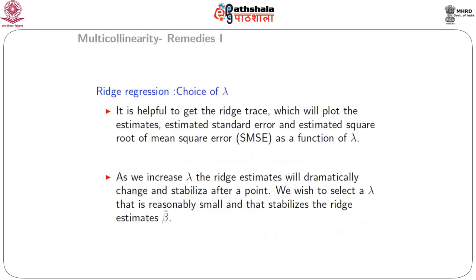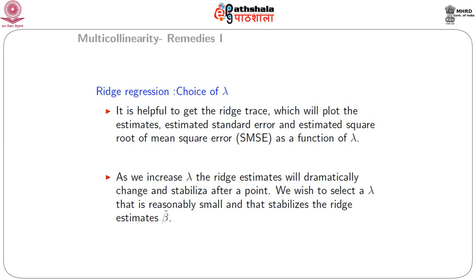However, it is helpful to get the ridge trace, which is the plot of the estimates, the estimated standard error and the estimated square root of mean square error as a function of lambda. As we increase lambda, the ridge estimates of the parameters will change dramatically, but will stabilize after a point, and our goal is to select a lambda that is reasonably small and still stabilizes the ridge estimates beta tilde.